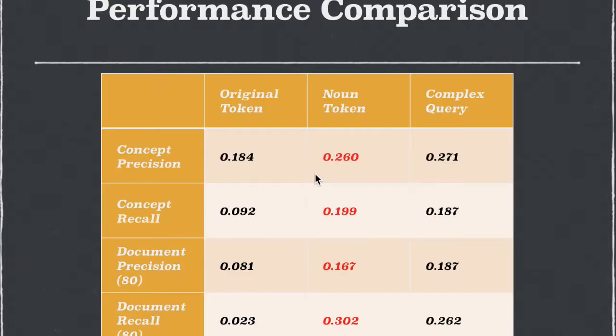The non-token method and the complex query method both get a significant improvement compared to the original method. And because we care more about document recall, we chose the non-token method. That is, we build our query as a list of nouns extracted by NER tools.